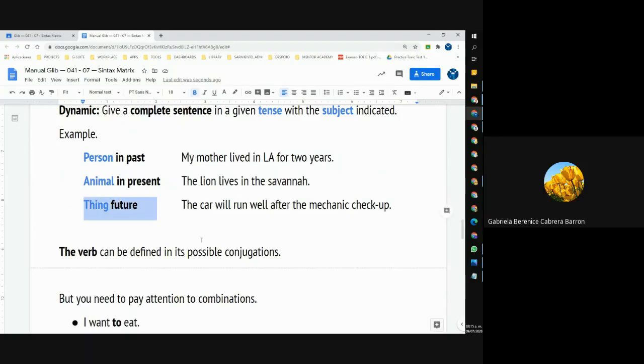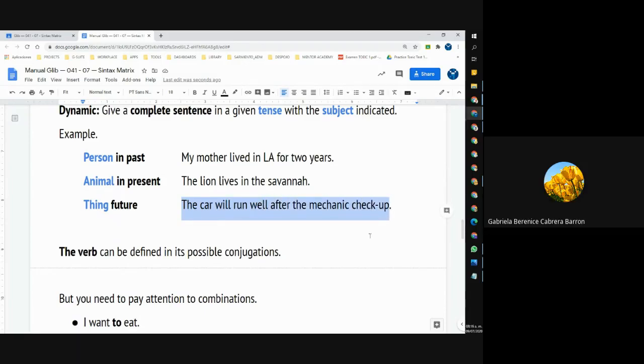The car will run well after the mechanic checkup.